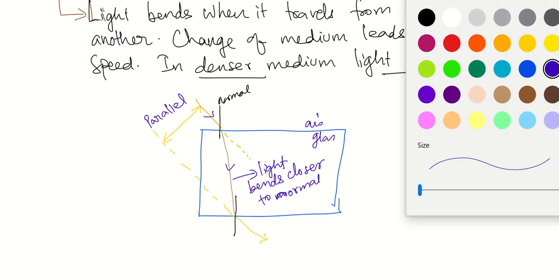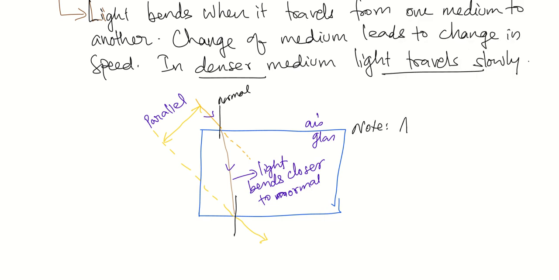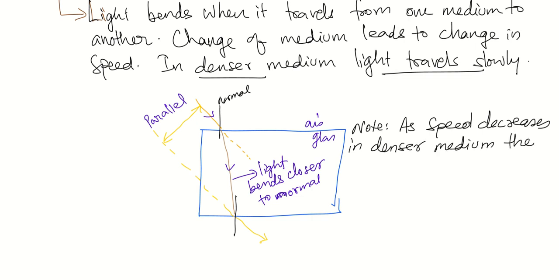Now the question is, note, as speed decreases in a denser medium, the light takes a shorter path. It has become slow, right? So in 1 second it can cover very less distance. So it takes a shorter path. Why? Because the speed has decreased.